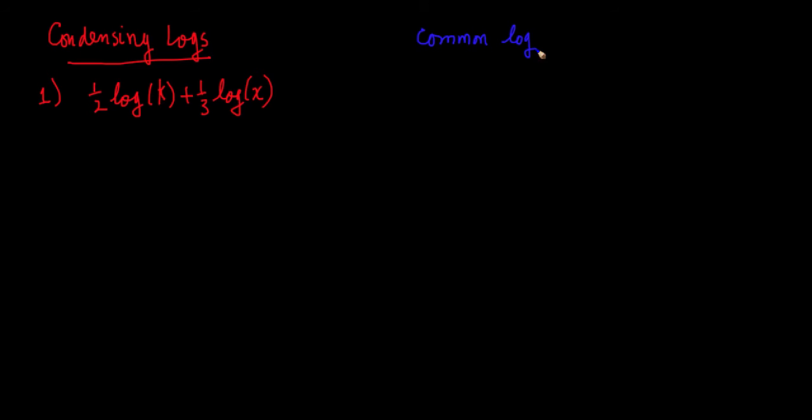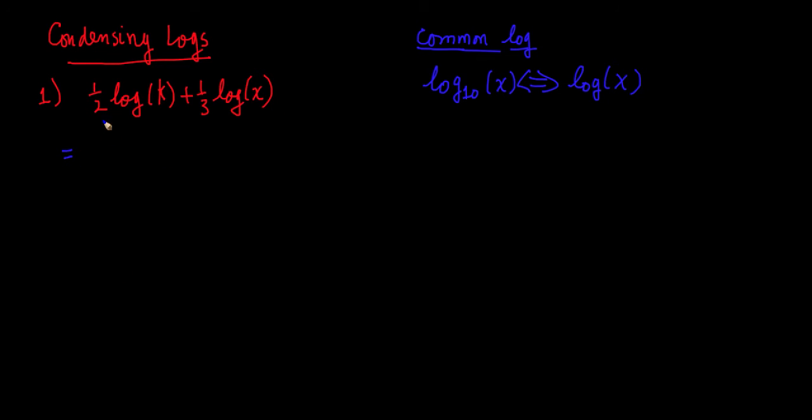So logs are of many bases, but base 10 is very common, so we often omit it. So log base 10 of x is the same thing as log of x written without the base. So this is really log base 10. Okay. All right. So now we can go on and condense these logs.